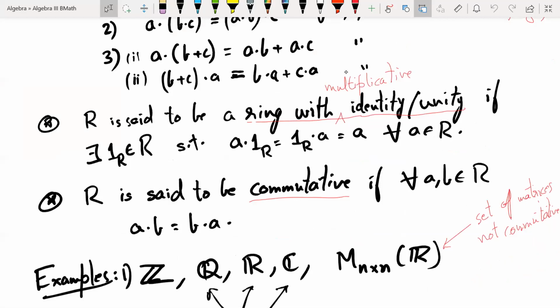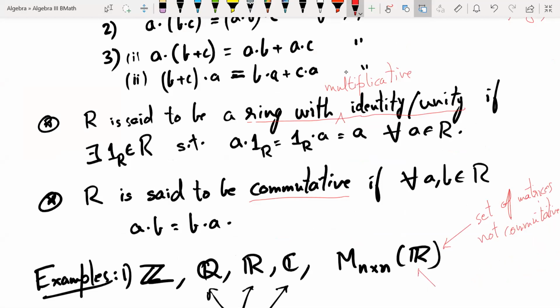So where was it? So these are the rings, and this set of matrices with matrix addition and multiplication is also a ring. But of course, this is not a commutative ring, as we know. Matrix multiplication is not commutative. You had a course on linear algebra over that. You can in fact make this more general.